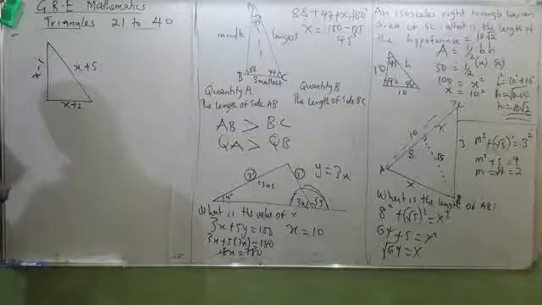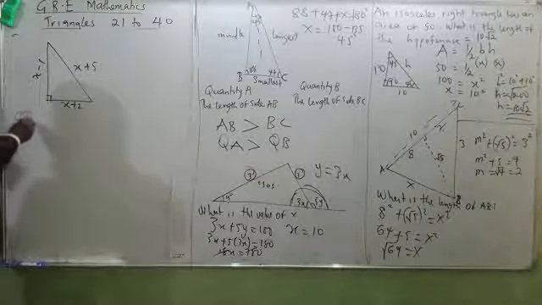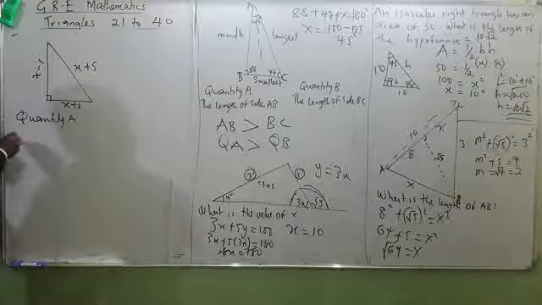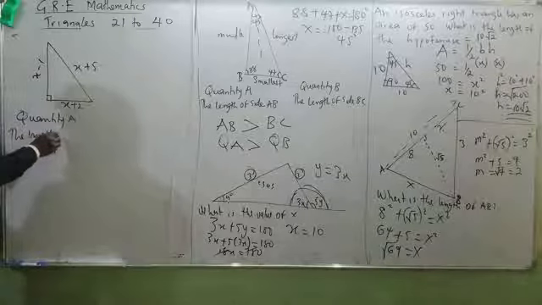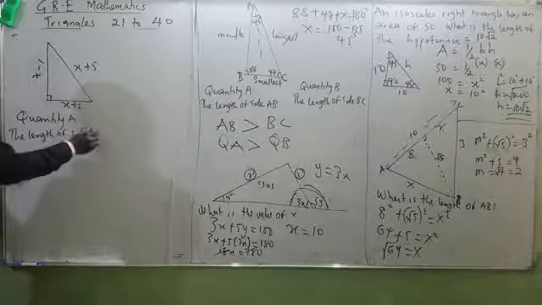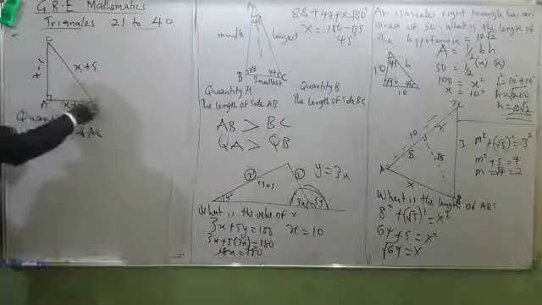Now, if this is giving us 90 degrees, quantity A is the length of side AC. This is C, this is A, and this is B.